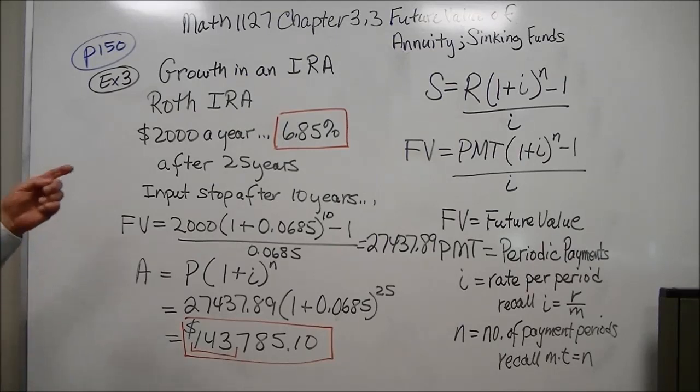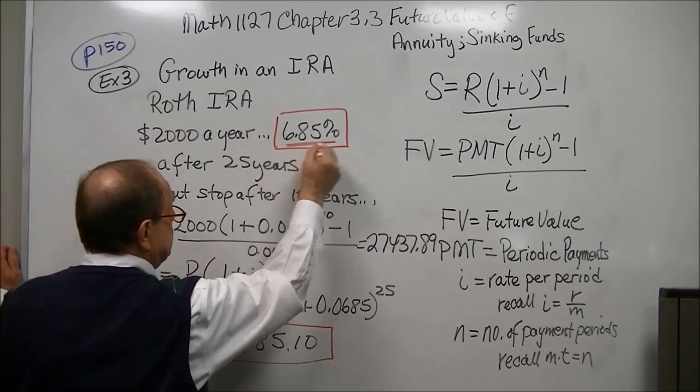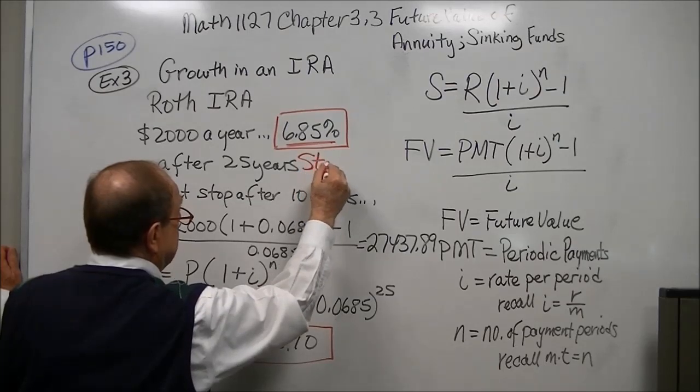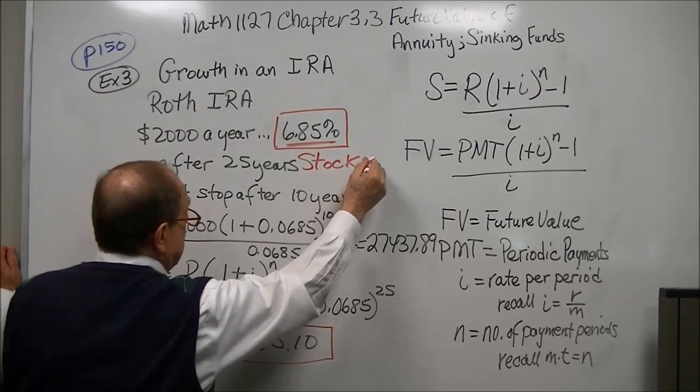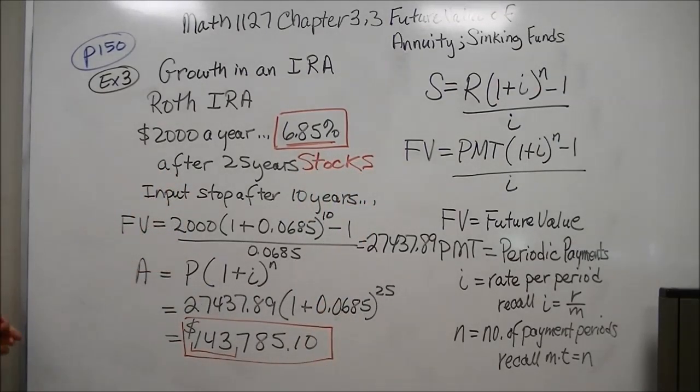Now, the key to all of this is to get something where you can get this type of interest. In today's economy and interest rates, that's super high. Nobody gets that. In fact, the only place you get close to this is in the stock market, from stocks. That's why a lot of people have put their money in stocks, and that's why right now they're doing very well.